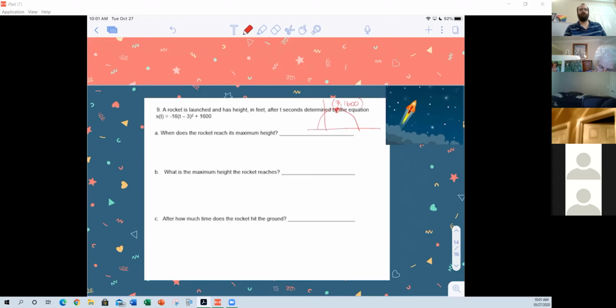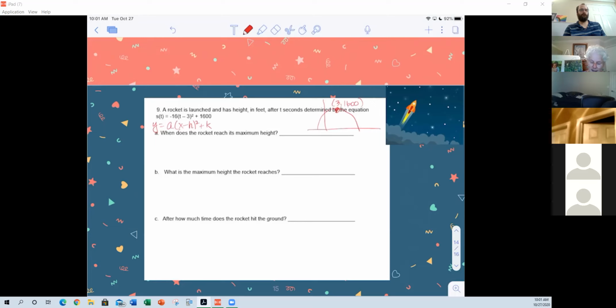Okay, so this is the vertex form. So 3 is our h, the x coordinate, and 1600 is our y coordinate, which is the k.